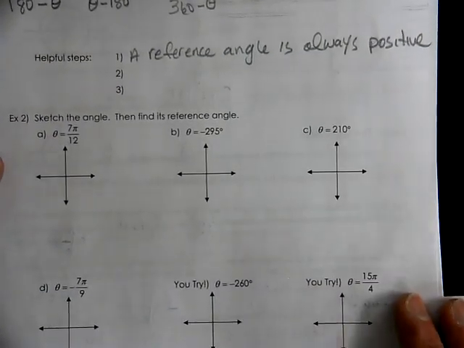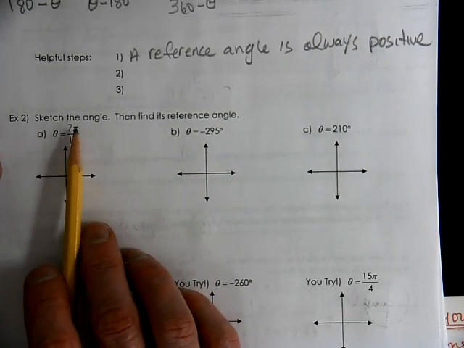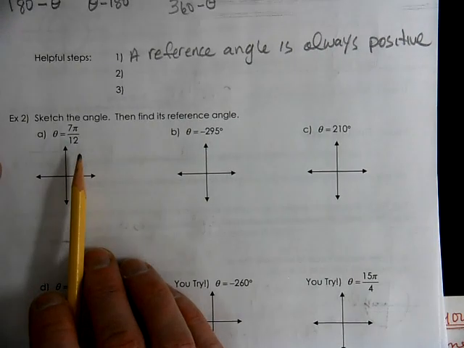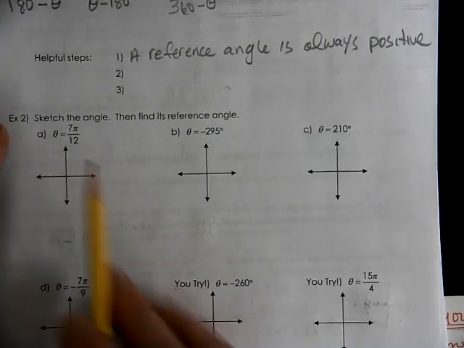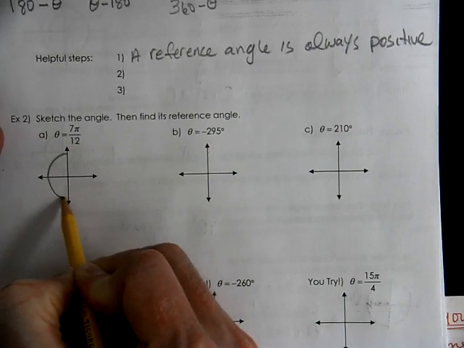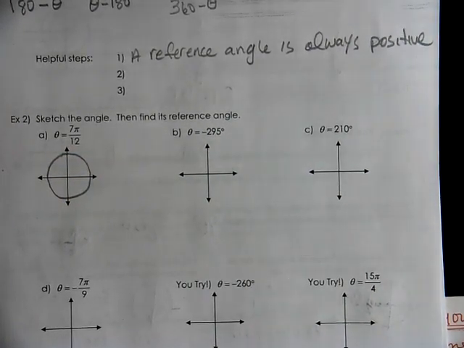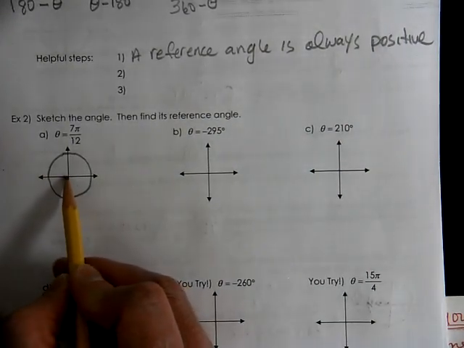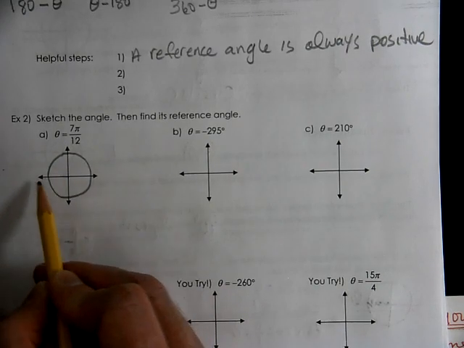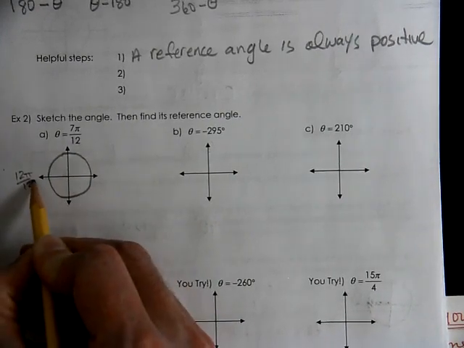So let's come on over and try what is the reference angle of 7 pi over 12. So we draw our circle. So where is 7 pi over 12? We know that 12 pi over 12 would be over here.